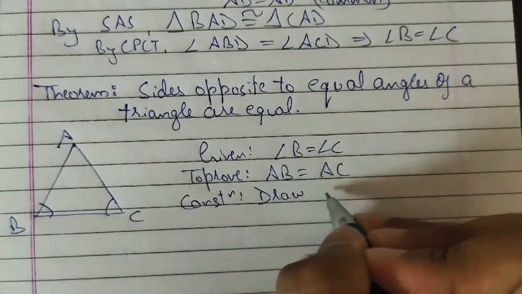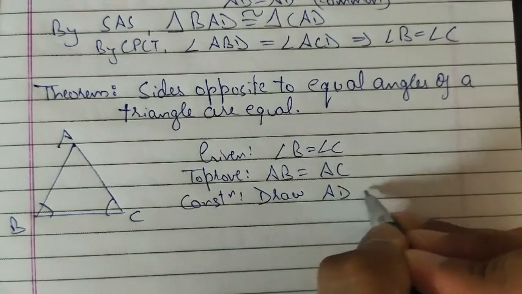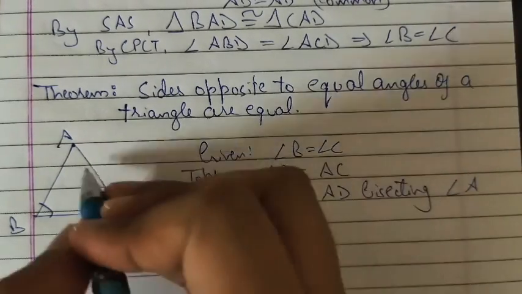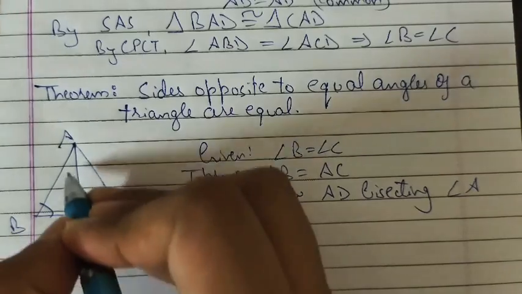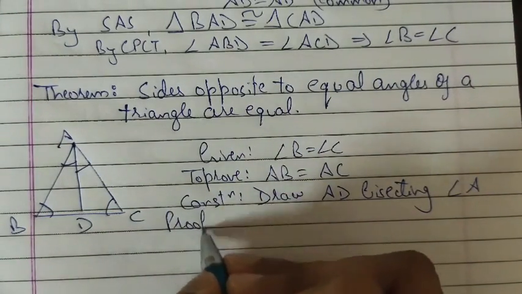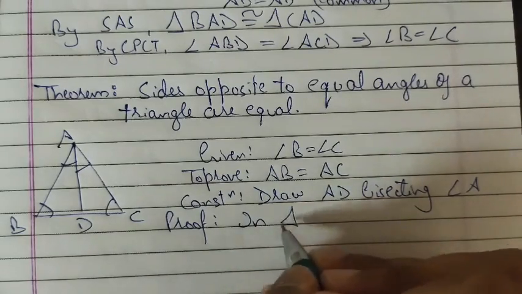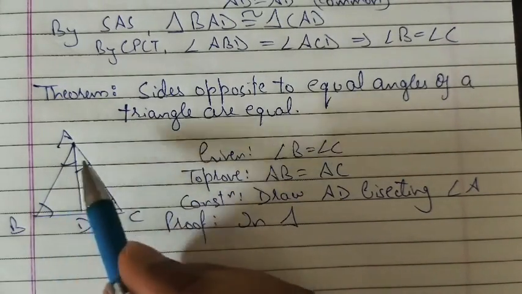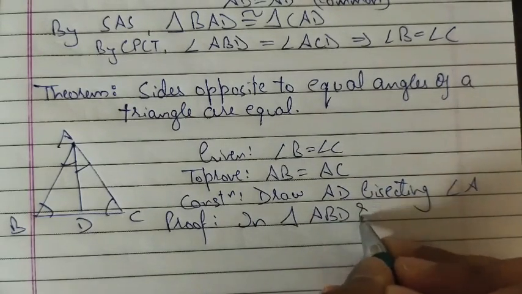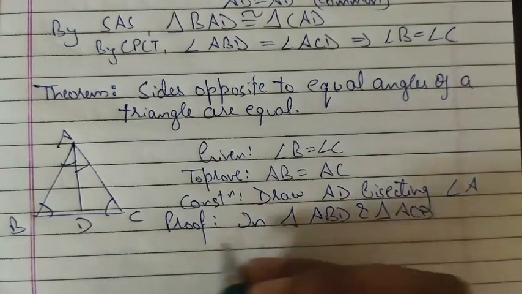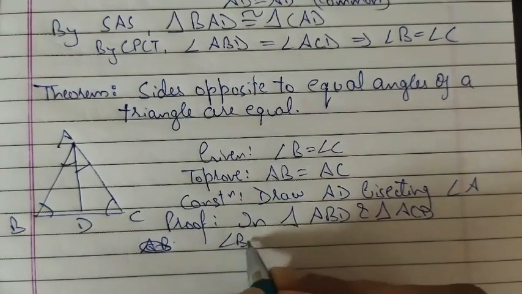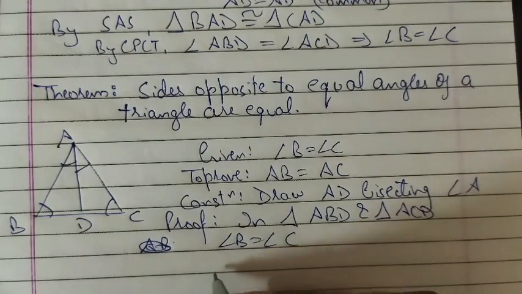Draw AD bisecting angle A. So proof. Now again in triangle, because AB is a part of this triangle and AC is a part of this triangle, so in triangle ABD and triangle ACD, we know that angle B is equal to angle C, given.